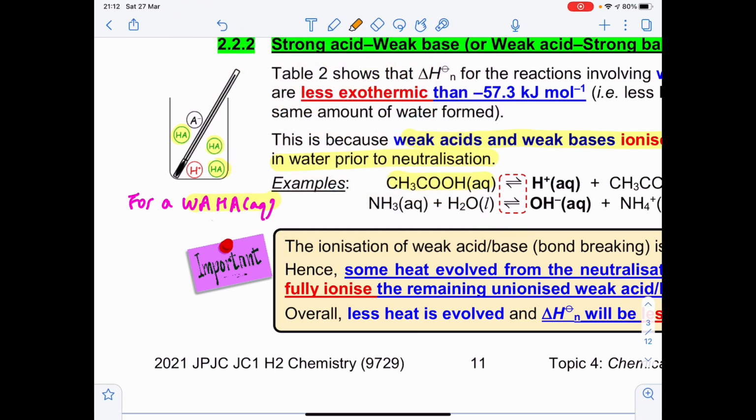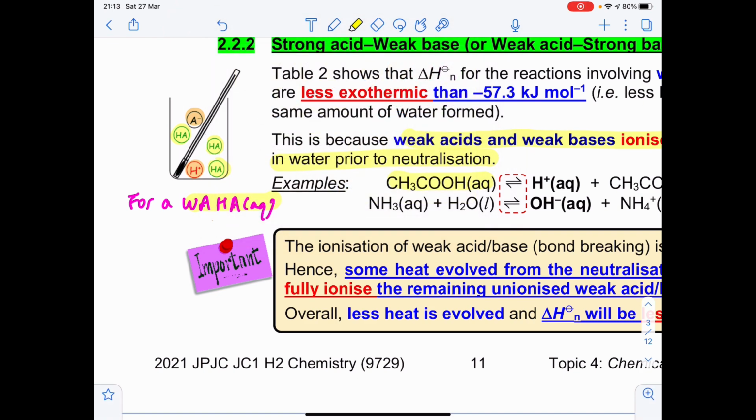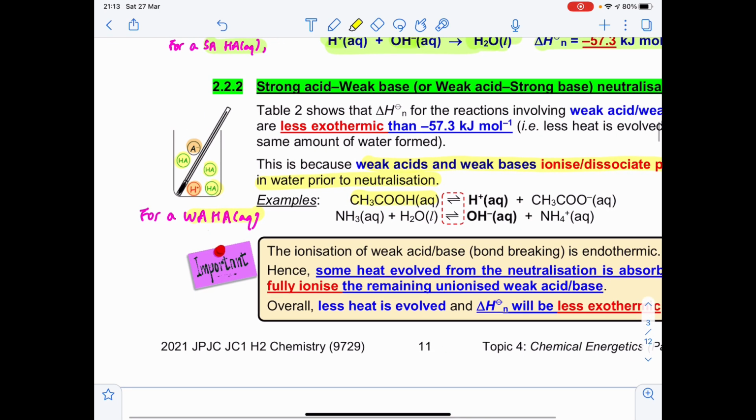Only part of them have dissociated to form aqueous ions. The same idea applies to a beaker of aqueous weak base solution. There will be many unionized weak base molecules in the solution, and only part of them have dissociated into aqueous ions. For partial dissociation, we use a reversible arrow in the equation.